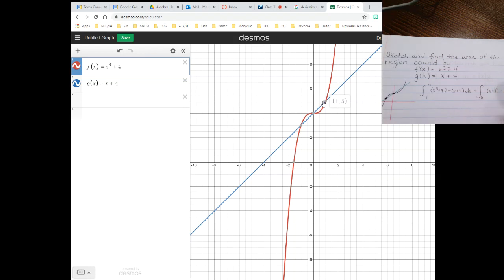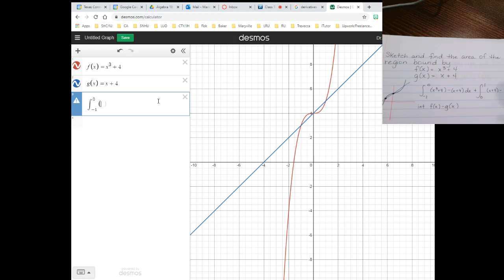Now, when you let Desmos do the integral work for you, you're just going to do int. We'll tell it to do the integral, and for this one, you can do f of x minus g of x since we've already named them. Let me show you what I mean here. So I just do int, which gives me the integral, put in my bounds, negative 1 to 0.